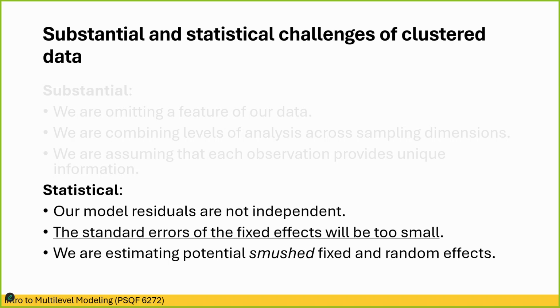Observations in the same cluster will be more similar to each other compared to other observations, because they belong to the same cluster. So when we are not considering that, our standard errors will be smaller than they should be, because in the model it seems that we have more precision than what we have in our data if we were considering the clustering structure or the hierarchical structure.